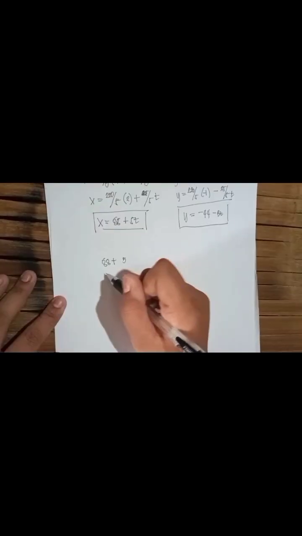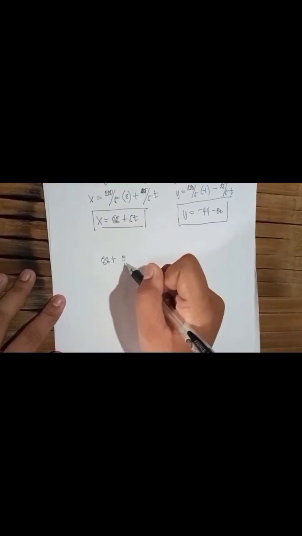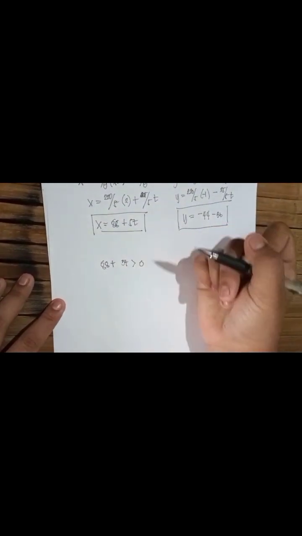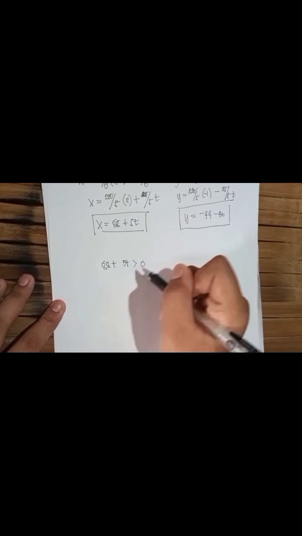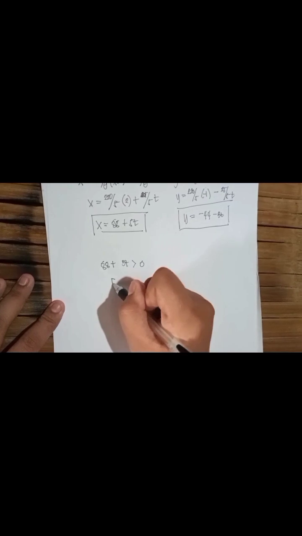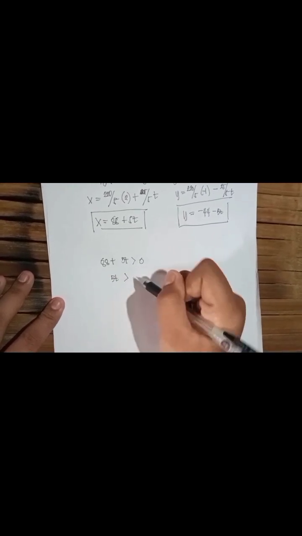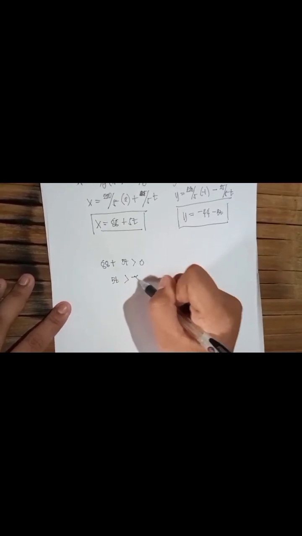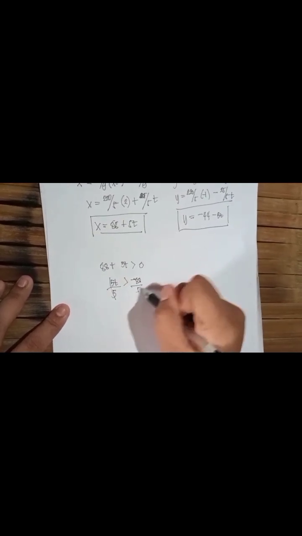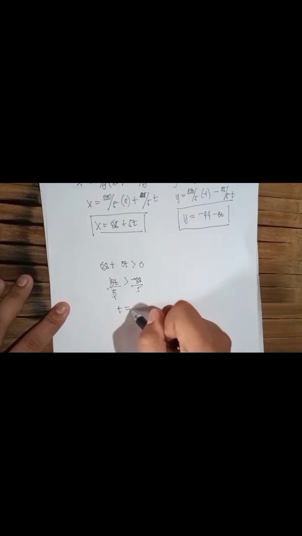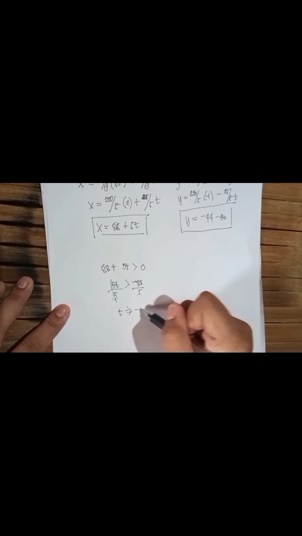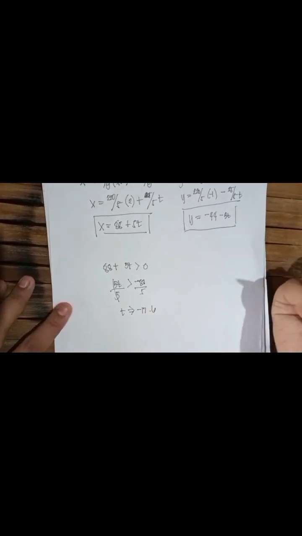Next, this value is greater than 0. Okay, 88, let's transfer 88 here. 5t is greater than or equal to negative 88. Over 5, to cancel the 5, t is greater than or equal to negative 17.6.